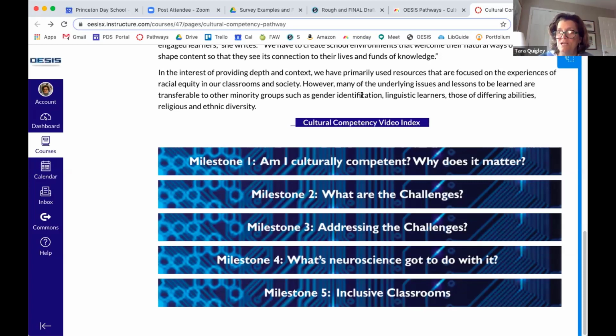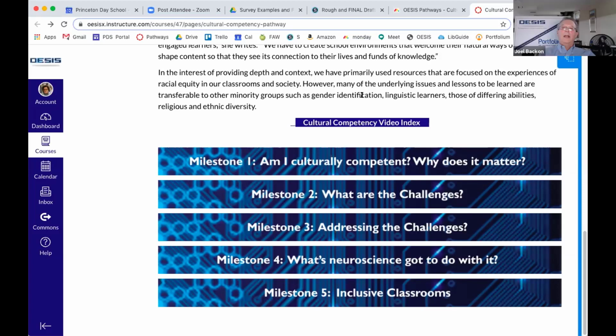And then the last one is building inclusive classrooms, some of the systems and the ways you can set up your classroom to be more inclusive. As we go through the pathway, a lot of it is personal reflection, at least in the beginning, and a little bit of explanation of how you might apply this in another context in your school.